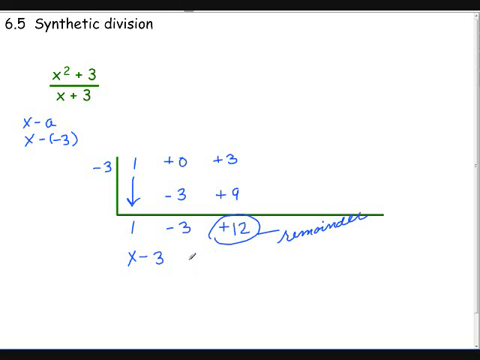Okay, so don't get tricked on that. So it'd be plus 12 over our divisor, what we were dividing by. Beautiful.